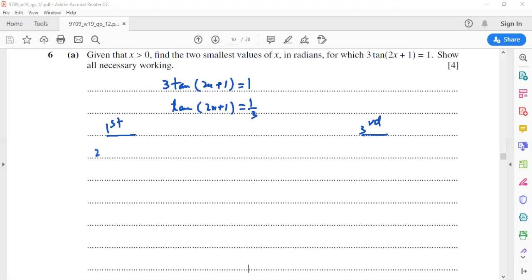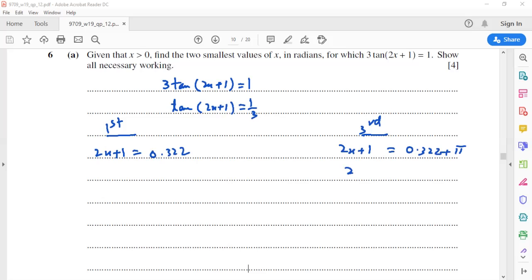So 2x plus 1 is equal to tan inverse of 1 over 3, and using the calculator this gives 0.322. In the first quadrant we write it as it is, and in the third quadrant we write it by adding a pi.